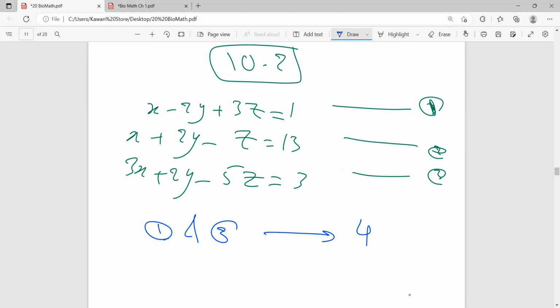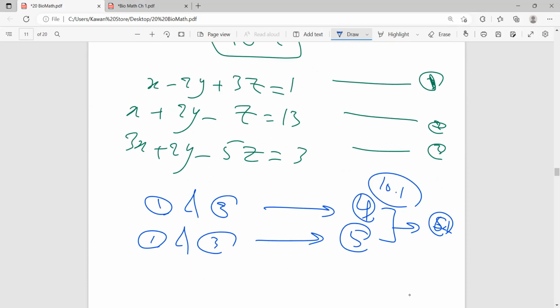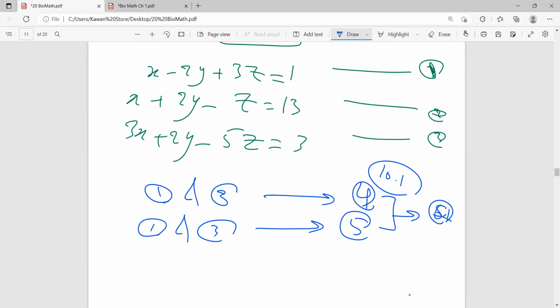Later I'm going to solve the first equation with the third equation, and then I'll get equation number 5. Then later I'm going to solve these together. I'll get the solution. That one in here we have a 10.1. We saw from 10.2 we are changing to the 10.1, and here's the method. So let me do it together.